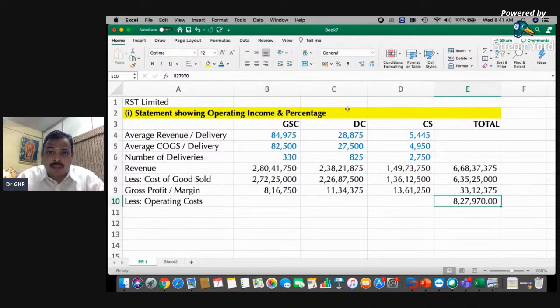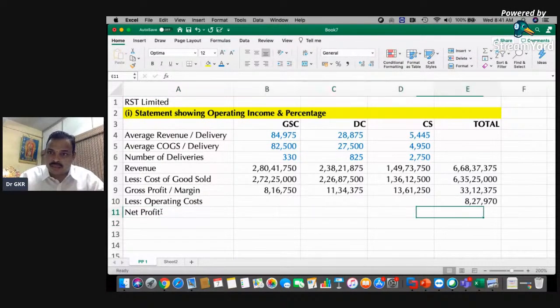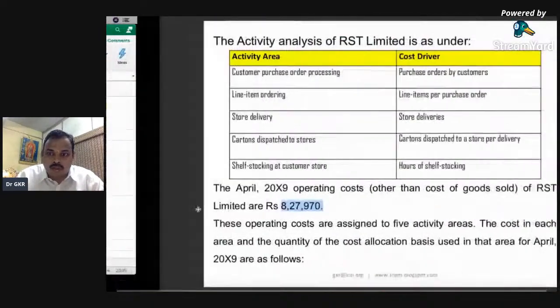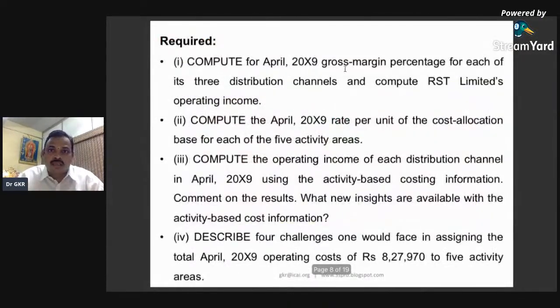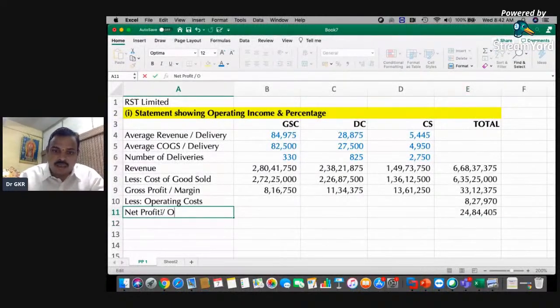And the breakup for these three is not given. So what is your net profit? Your net profit is 33 lakh 12,375 minus 8 lakh 27,970. So what is your question? Your question says compute the gross profit percentage and compute RST's operating income. So this is your net profit, otherwise called operating income.